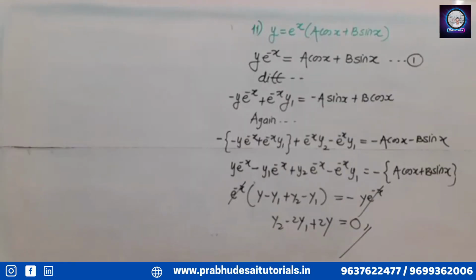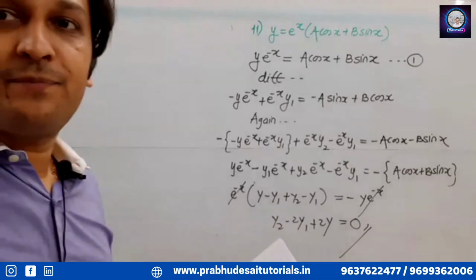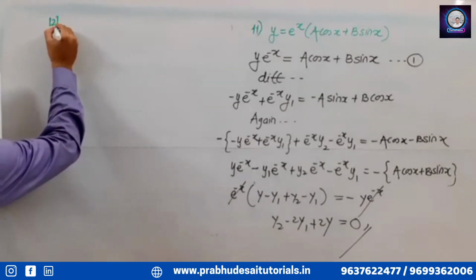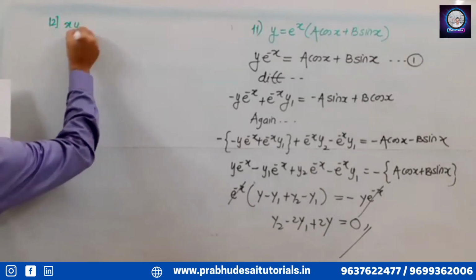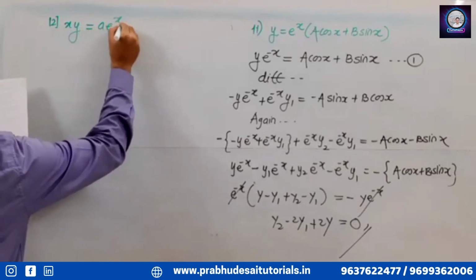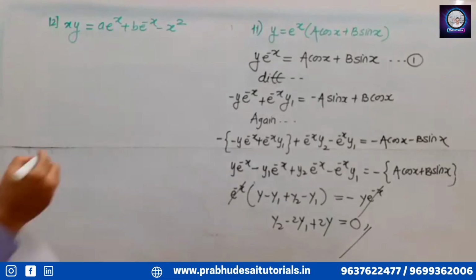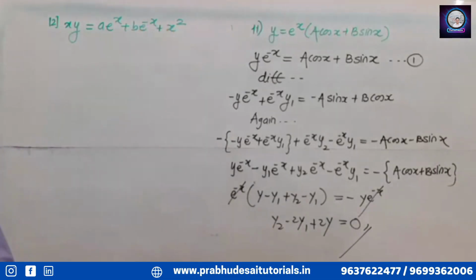One more example, example number 12. Example number 12 is xy is equal to a e raised to x plus b e raised to minus x, plus x squared. Tell me how many constants you find here?